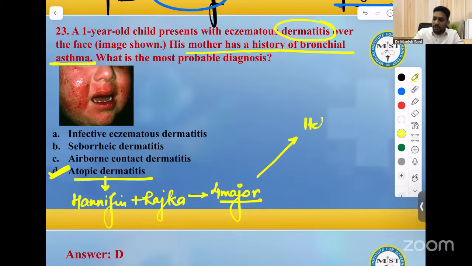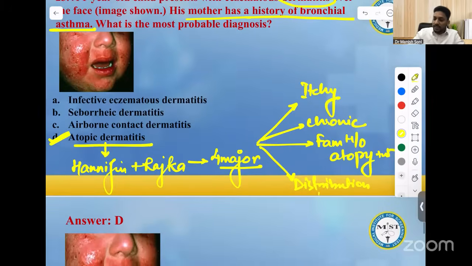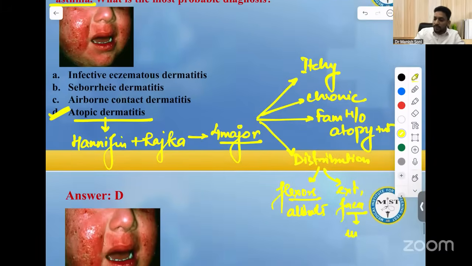What are the major criteria of atopic dermatitis? It is a very itchy condition. It is a chronic condition. Family history of atopy is present and it usually involves flexors in adults and can involve extensors and face in infants.